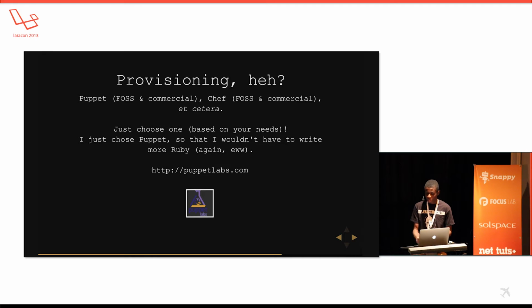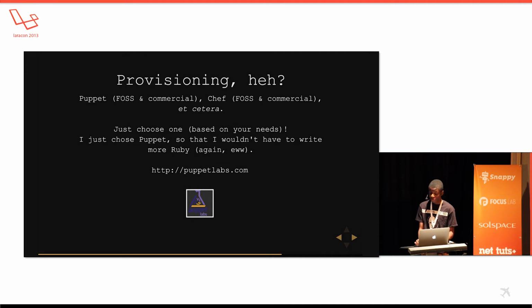It has a fancy way of allowing you to put that in a repository, and only you really know what the real credentials are. So Chef is really good at that. If you need something like that, it's really easy. You could do that with Puppet as well, but it's more complicated. So it's just based on what you need and what you're trying to do. You should choose one that works for you.